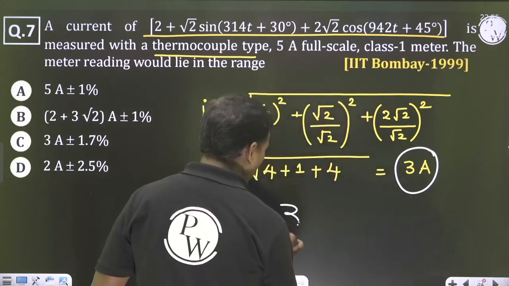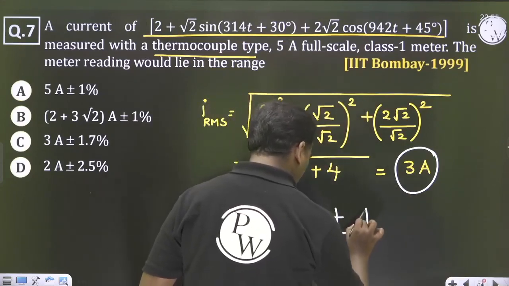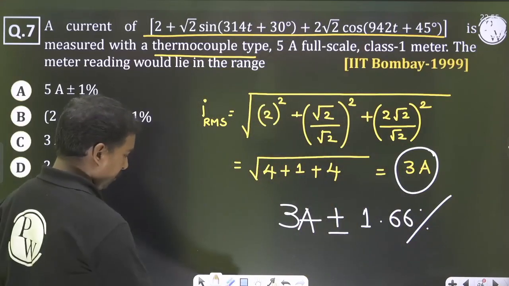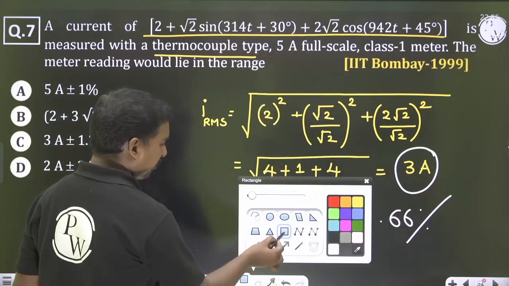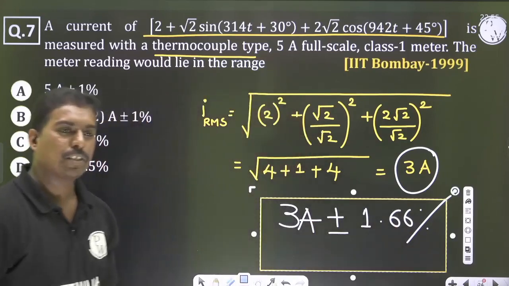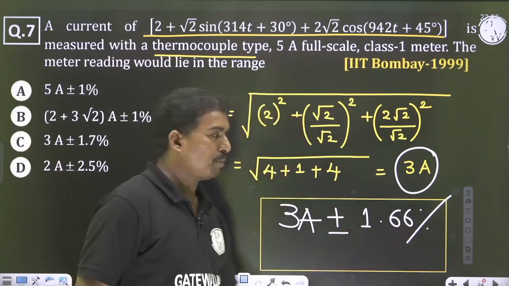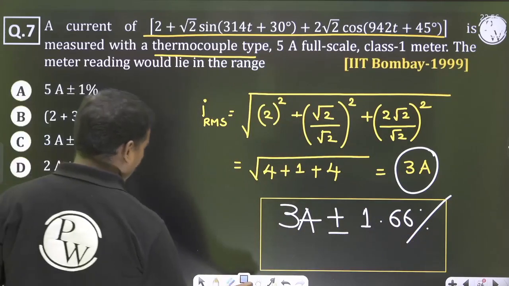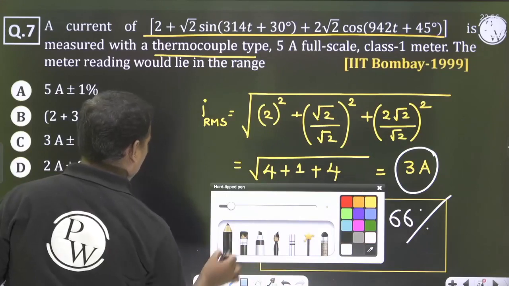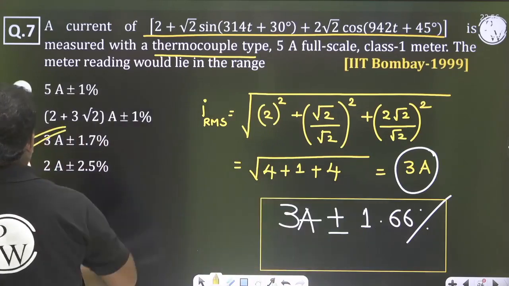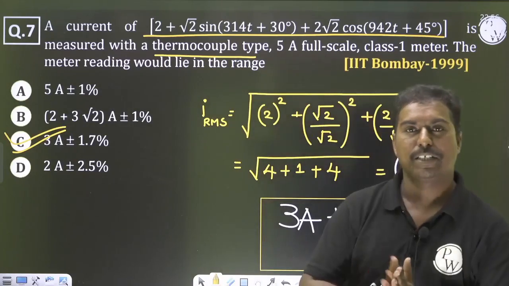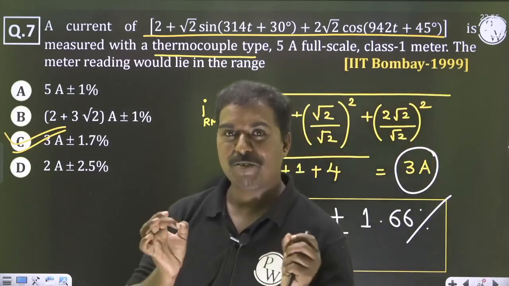It is 3 amperes plus or minus 1.66 percentage. So the right answer is option C, 3 amperes plus or minus 1.7%. Got it? Very, very good question.